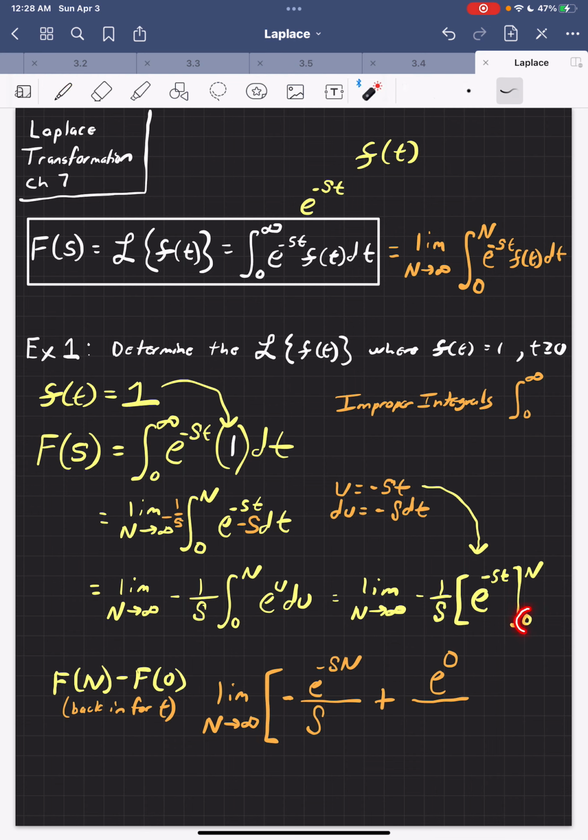If you plug 0 in here for t, negative s times 0 is just 0. So e to the 0, which is going to be 1, but it's e to the 0 over s. All right, so far so good, right? All we did was distribute that 1 over s.